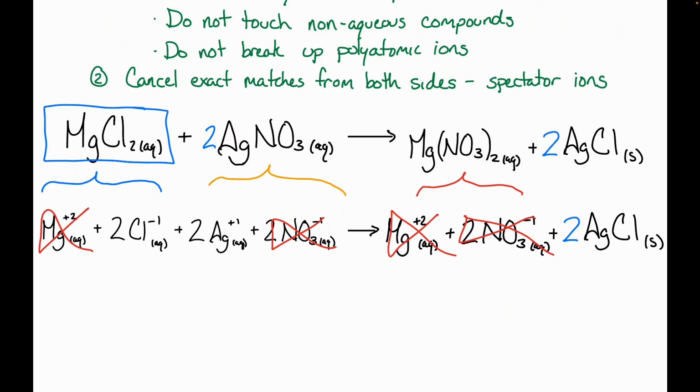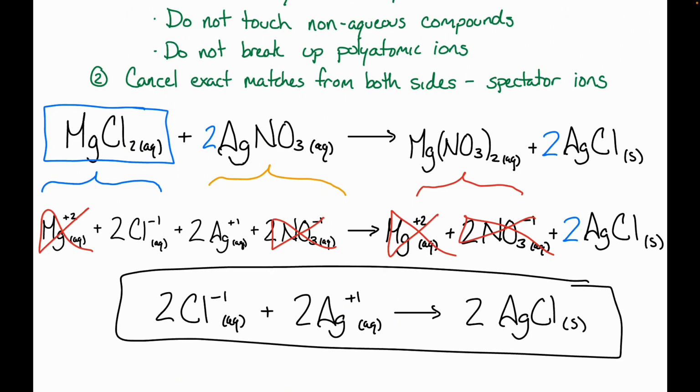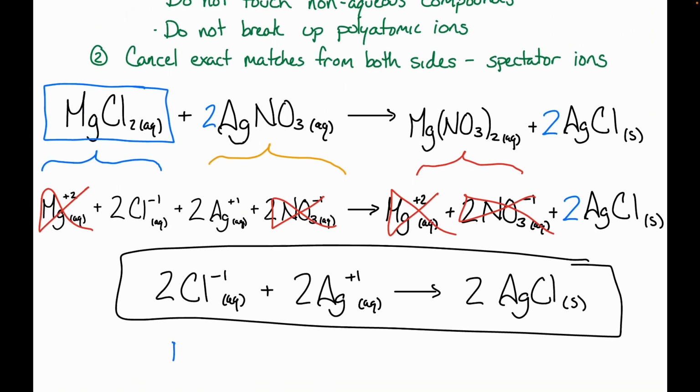So now my net ionic equation is everything that's left over: my 2 chloride ions are combining with 2 silver ions to form 2 solid silver chlorides. All right, this is what we call a net ionic equation.